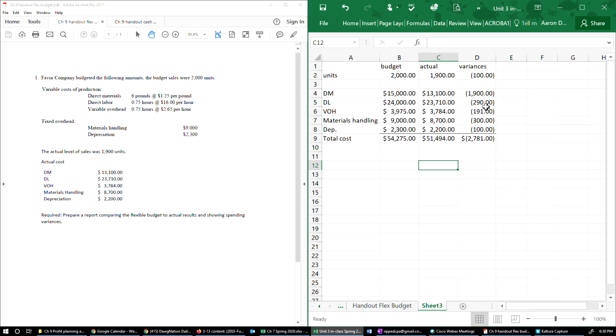All right. So when we have variances, we need to be able to interpret those as favorable or unfavorable. All right. So actually, you manufactured less than the budget as far as units go. Let me put dollar signs here.